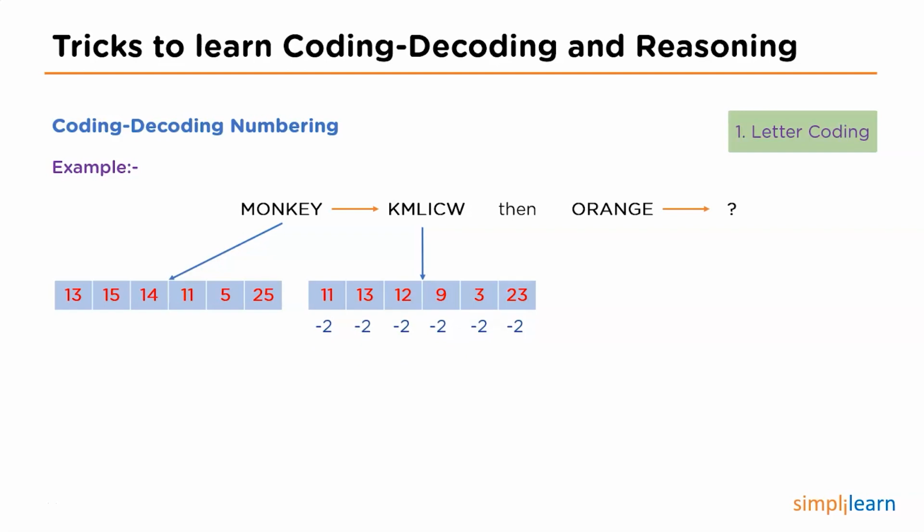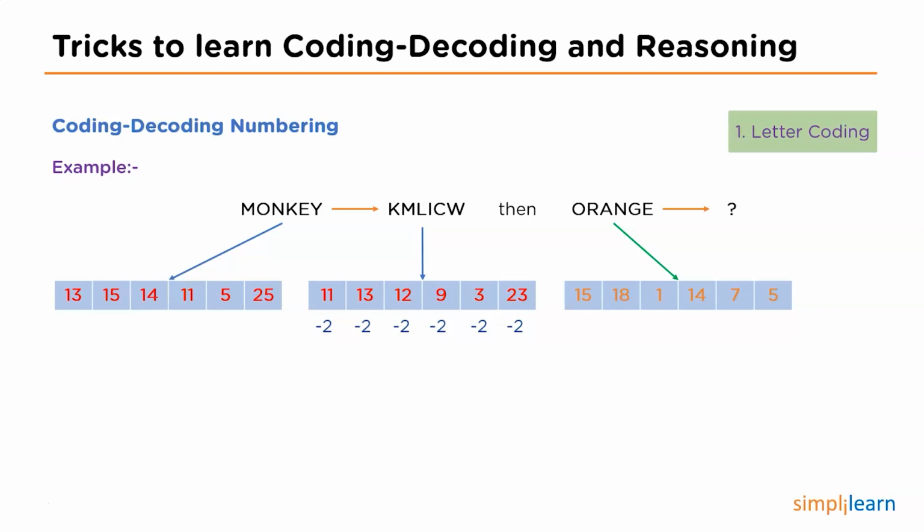coded as 13, L is coded as 12, I is coded as 9, C is coded as 3, W is coded as 23. If you observe the given word, it is coded by decreasing 2 for each alphabet. So, in the same way, to code orange, the same number should be decreased. So, orange is coded as O is 15, R is 18, A is 1, N is 14, G is 7, and E is 5.